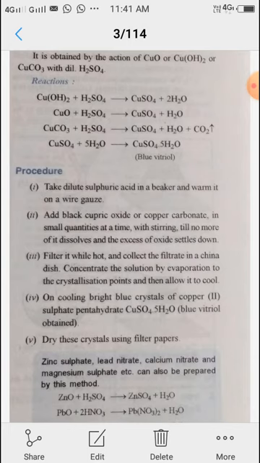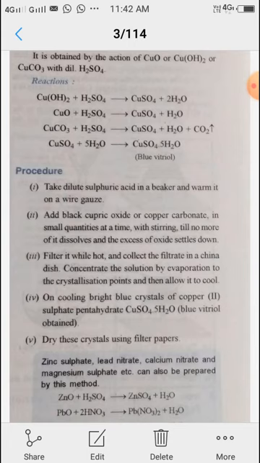Next, dry these crystals using filter paper. Dear student, zinc sulphate, lead nitrate, calcium nitrate and magnesium sulphate etc. can also be prepared by this method.